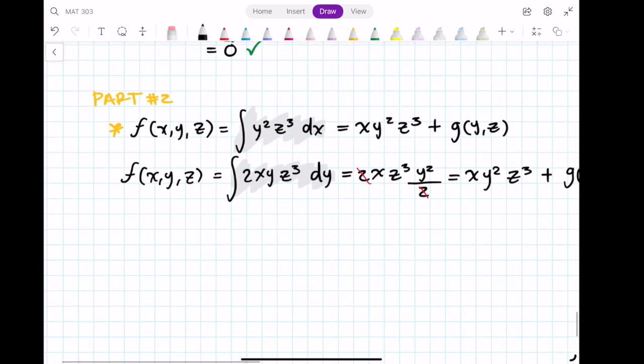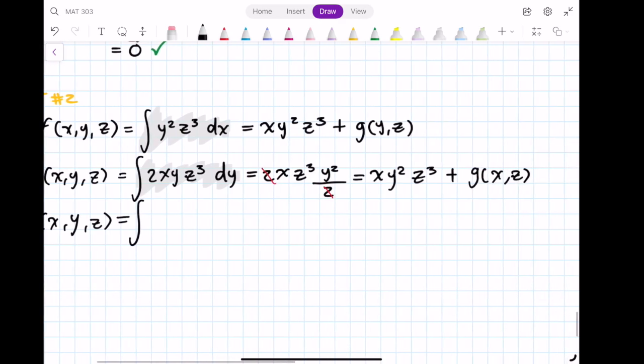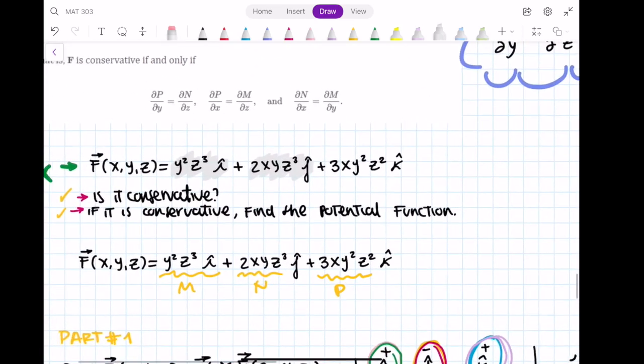And the last one is going to be f of x, y and c is equal to the integral of 3xy squared c squared dc. I got this from the function here at the beginning.